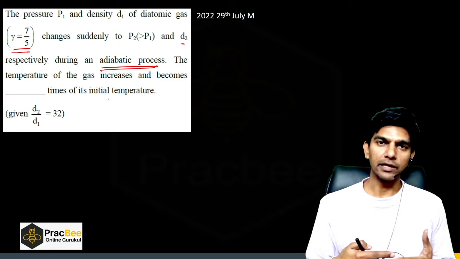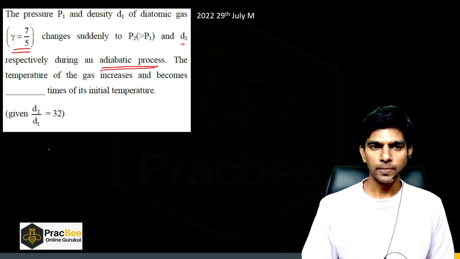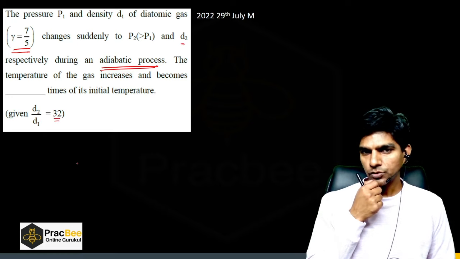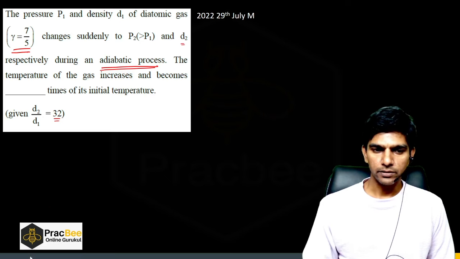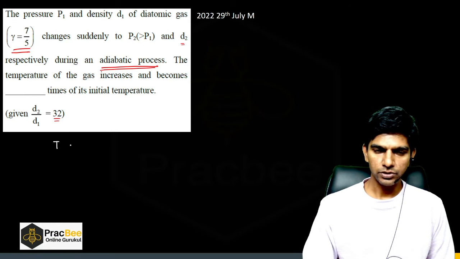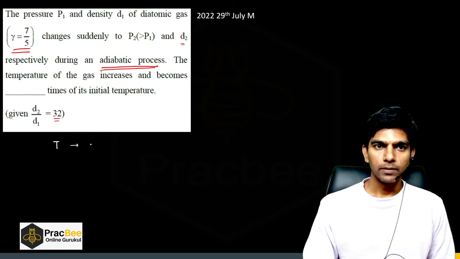So we have to find the relation between initial and final temperature, and the ratio of the final density to the initial is given as 32. Okay, so since the density ratio is given, first of all we have to find the relation between temperature and density, right?